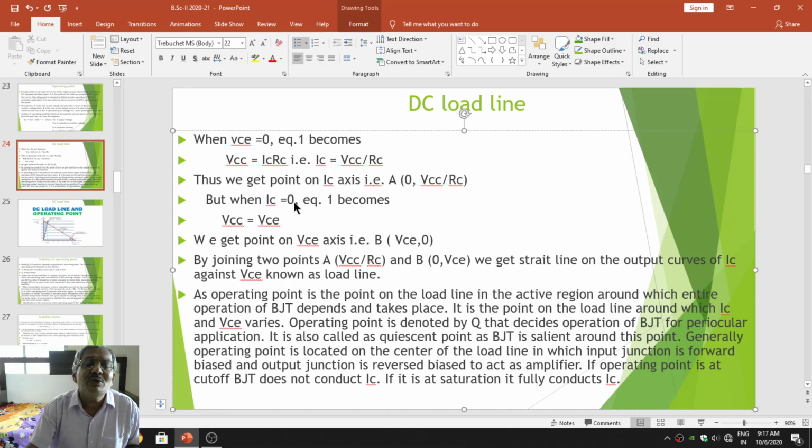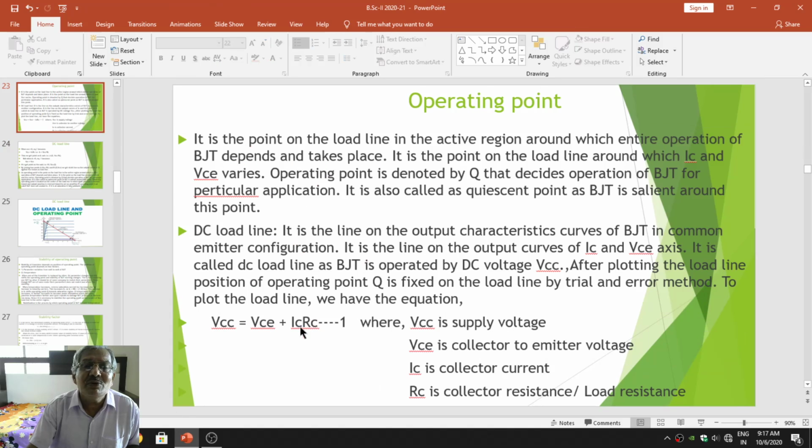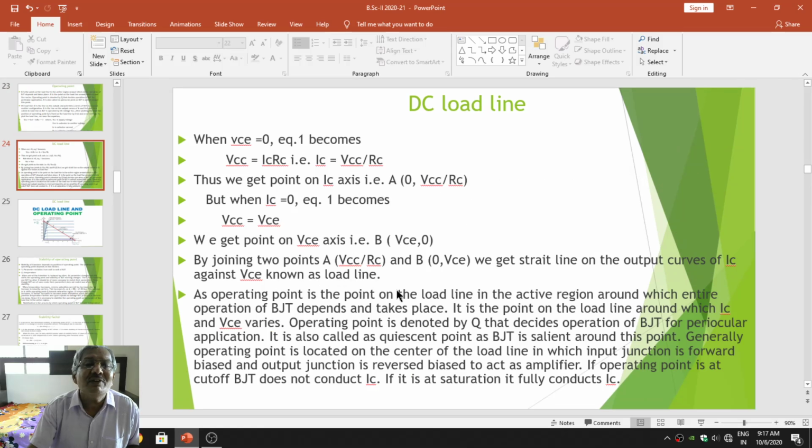Now put IC equal to 0 in equation number 1, so the equation becomes VCC equal to VCE. If IC equal to 0, ICRC is 0, and then VCC equal to VCE. That is what we have obtained here.